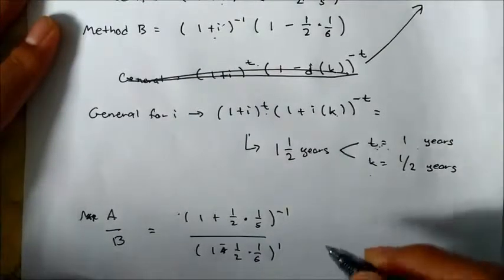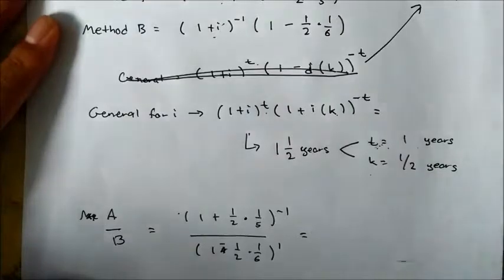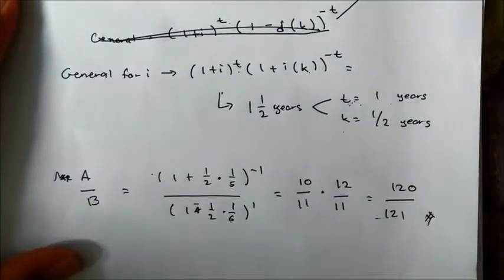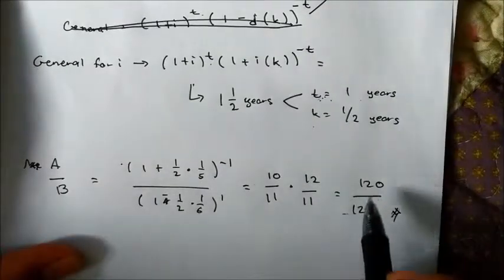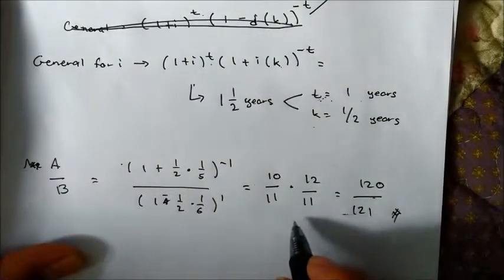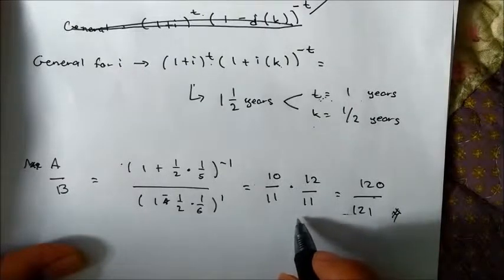Therefore, when we calculate, we will get 120 over 121 by only using cross multiplication.